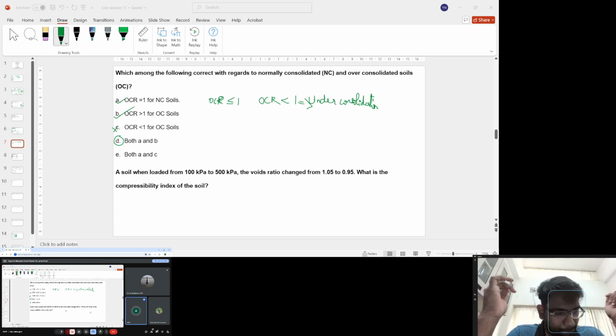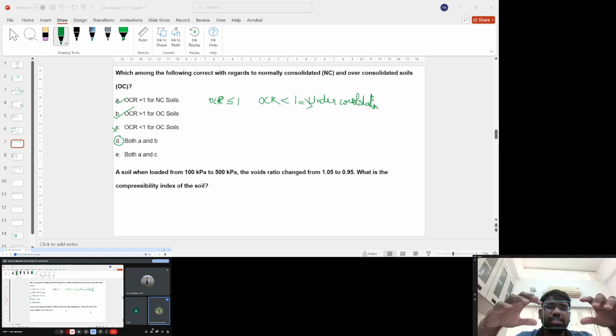But why is there no void ratio versus effective stress graph for under consolidated soil? The e-log sigma curve will ideally look similar to NC soils only. But no book mentions under consolidated soil, and that is where this confusion revolves.